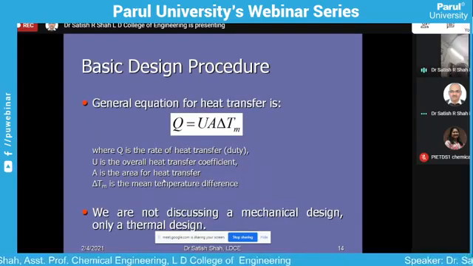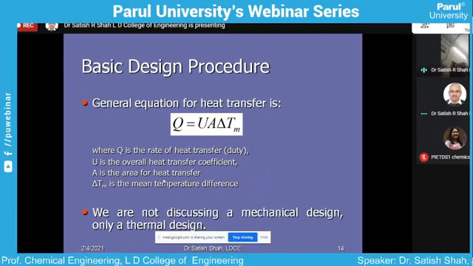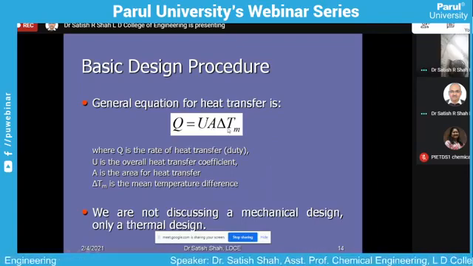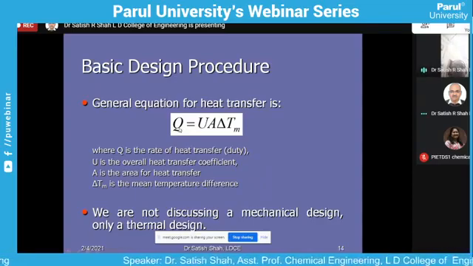Now see, whenever you want to design a shell and tube heat exchanger, or any heat exchanger, you should always keep in mind that this is the general equation, a very important equation you will be using for design purposes. What is this? Q is equal to UA delta Tm. What is Q? Q is the quantity of heat transferred.